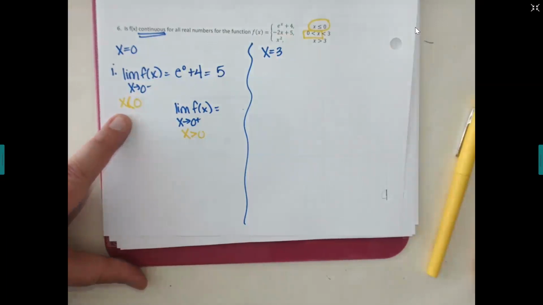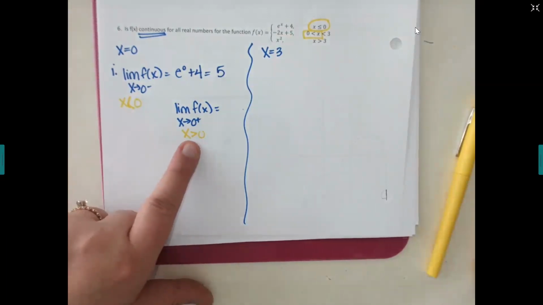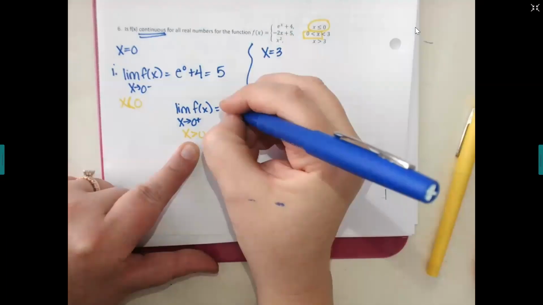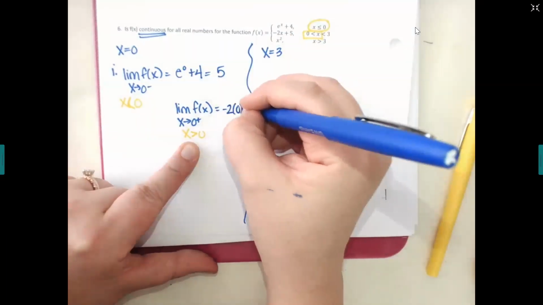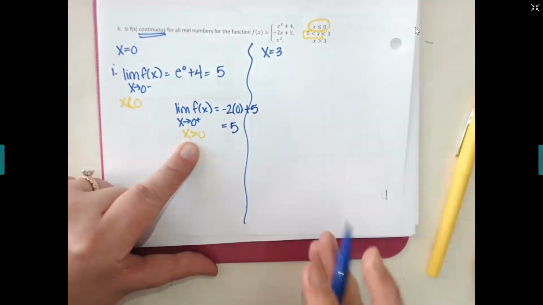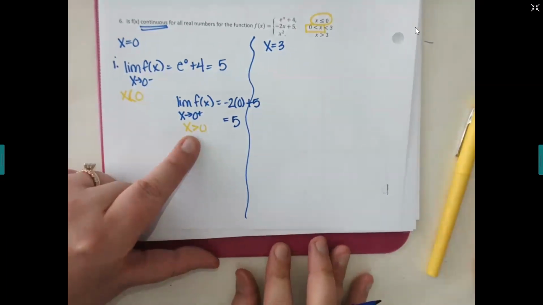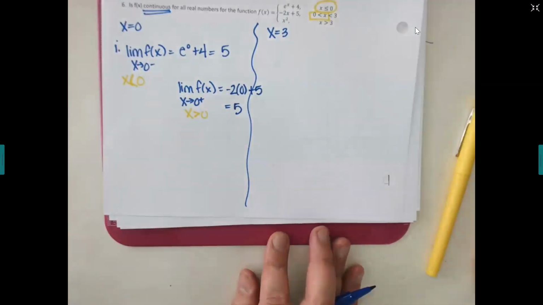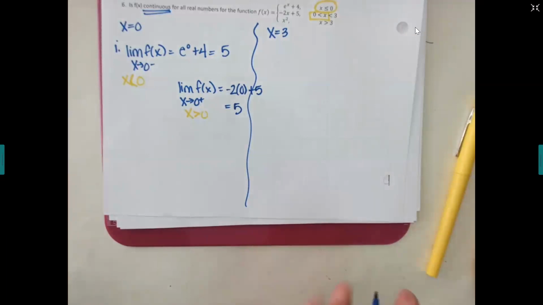From the right side, we want x is greater than 0. That's going to be my middle category. Negative 2 times 0 is 0, but then I'm going to add 5. 0 plus 5 is 5. So condition number 1, we're good on that. I got a left side, I got a right side, and they were both 5.